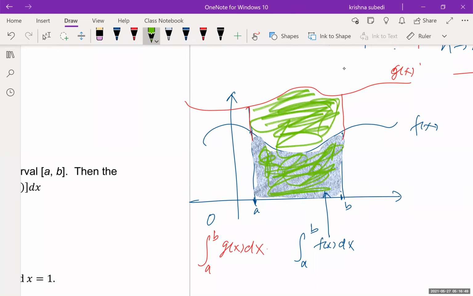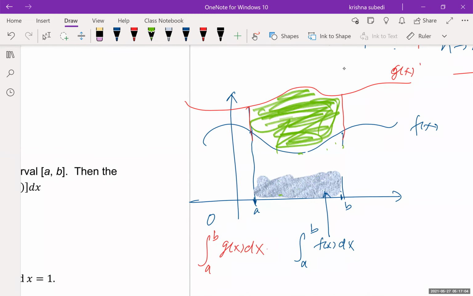Now, if I want to find the area between these two curves, so between these two curves means just the green part only, that part. What should I do? I just subtract the below one. I need to subtract this part. So if I subtract that, I'm gonna get this right here.